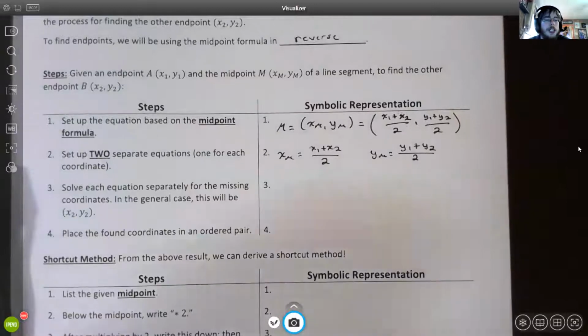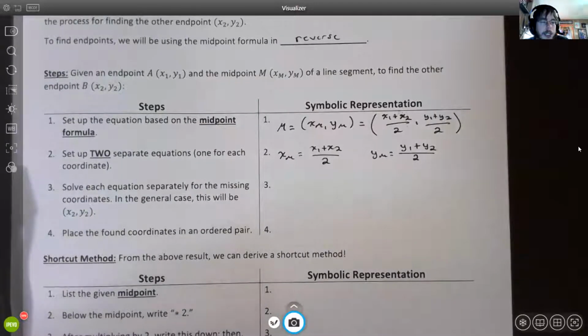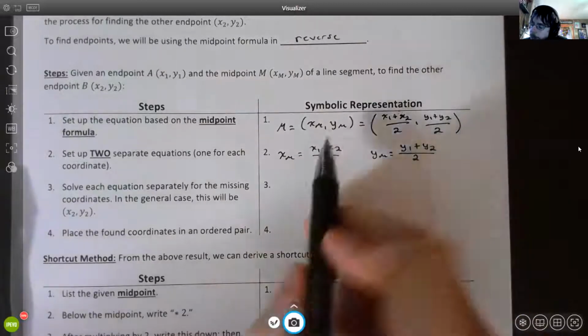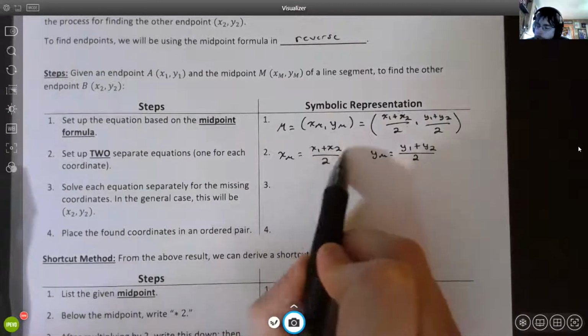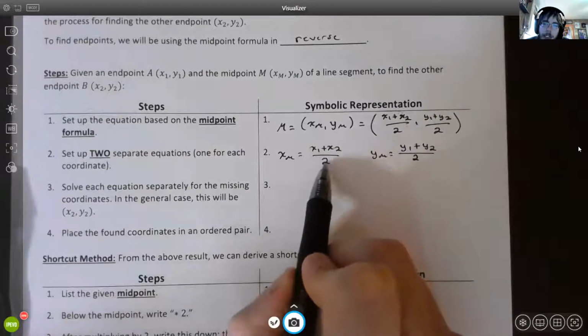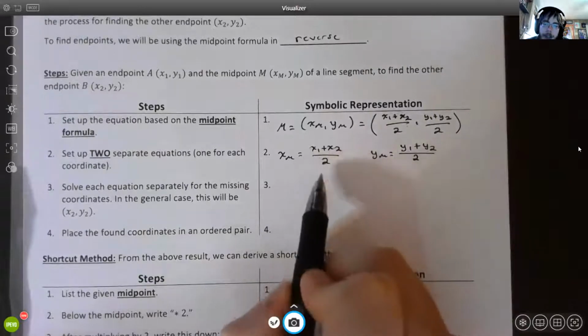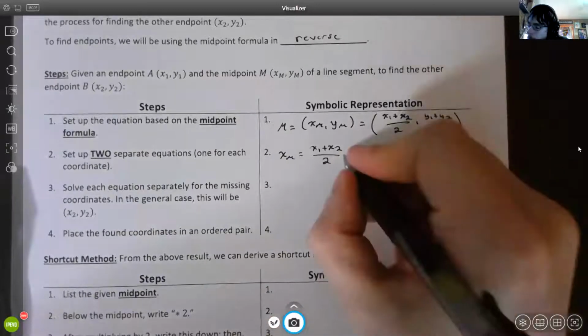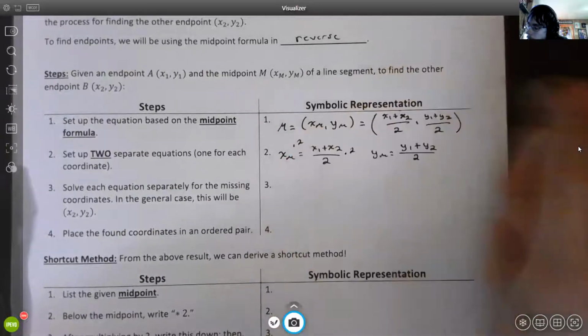Then we want to solve each equation separately for the missing coordinates. In the general case, this will be x2, y2. So here, we're solving for x2. So we want to get rid of that 2. It's being divided on this side, so to get rid of it, we need to multiply both sides by 2.